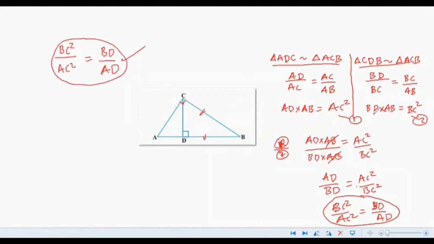When you reach equation number 1 and equation number 2, just compare these equations with the given statement or the target, our aim. So we identify that if you divide these, there will come BC square by AC square. And on the other side, AB will be cancelled so that we can reach this result.